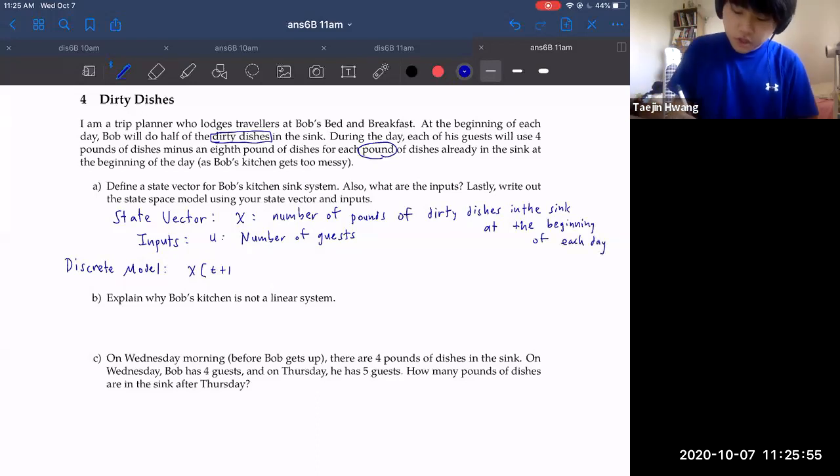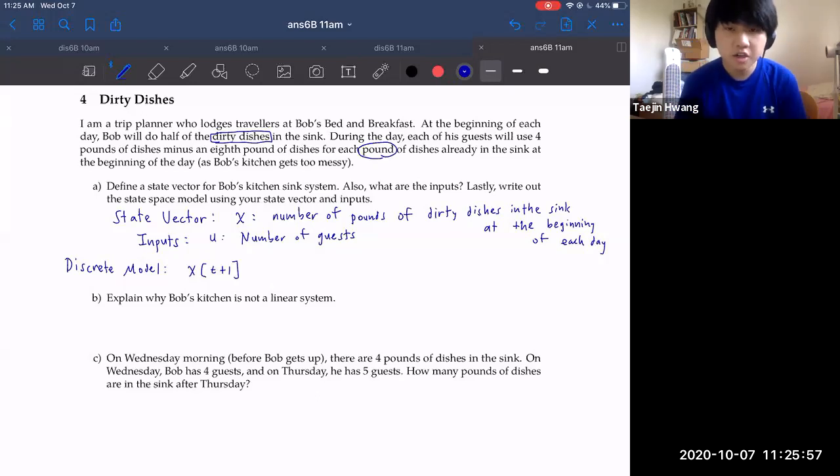So if you want to think about the number of dishes that are going to remain at the end of the day, that's going to be the same amount of dishes that are going to remain at the beginning of the next day. So you can think of that as x of t plus 1.